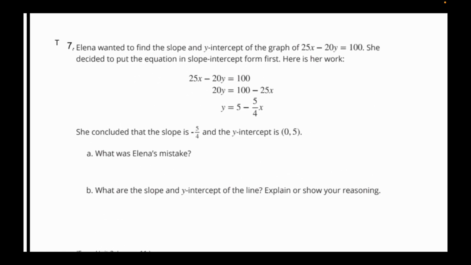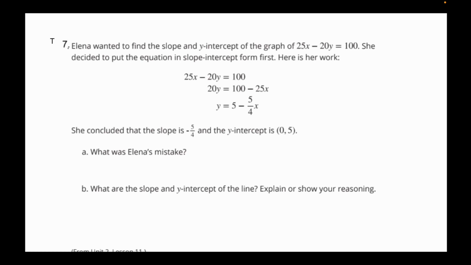Okay, so for question 7, Elena wanted to find the slope and y-intercept of the graph of 25x minus 20y equals 100, and she decided to put it in slope-intercept form first. She concluded that the slope is -5/4 and the y-intercept is 0, 5. What was Elena's mistake?